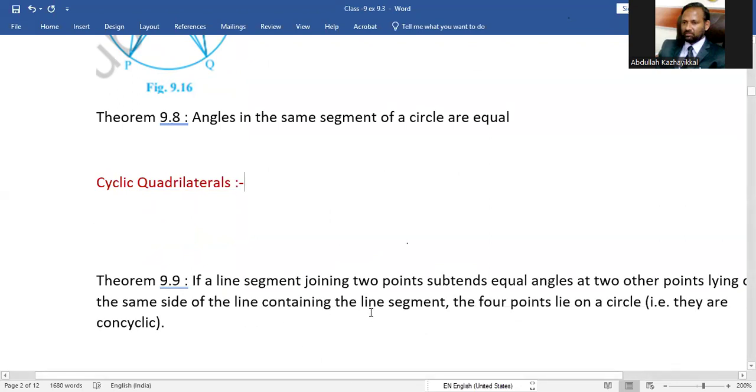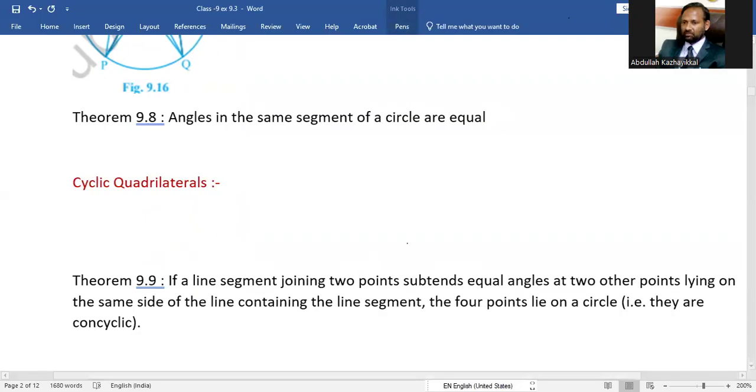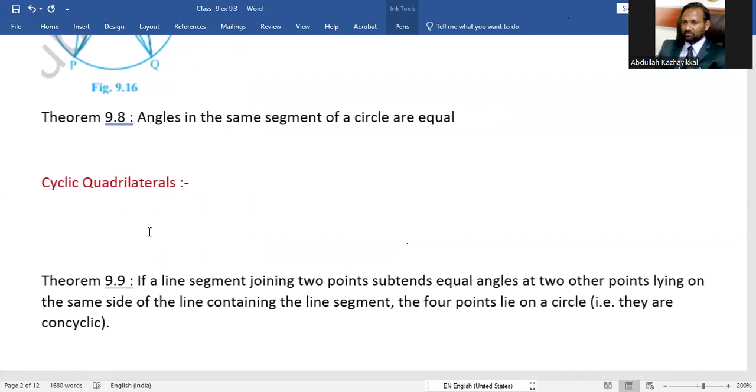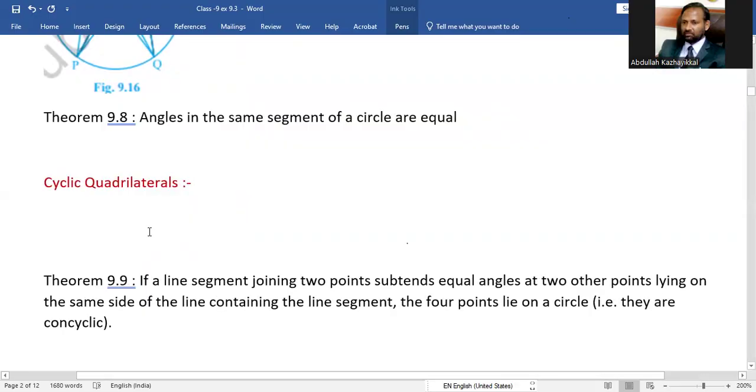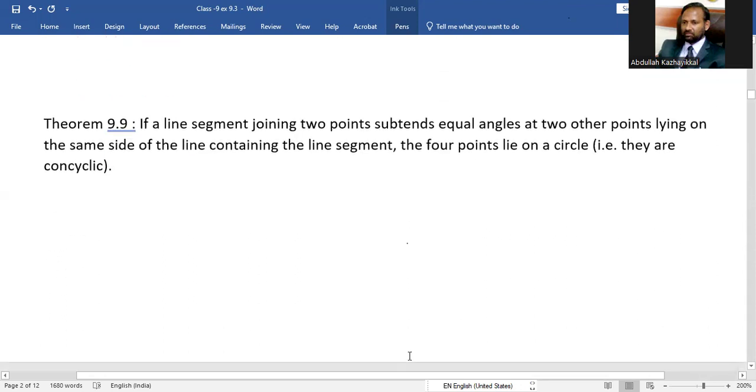If a line segment joining 2 points subtends equal angles at 2 other points lying on the same side of the line containing the line segment, then the 4 points lie on a circle. They are concyclic.